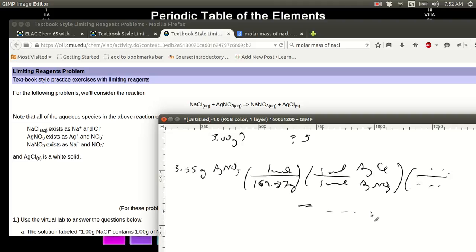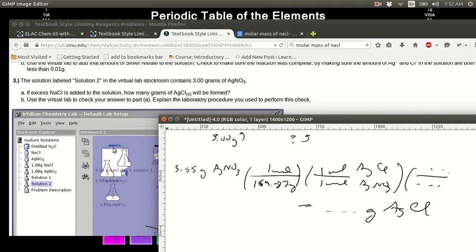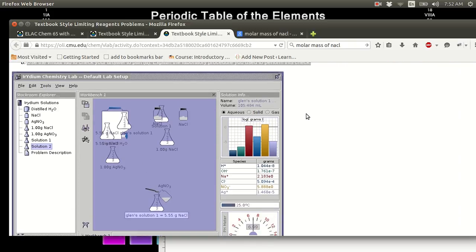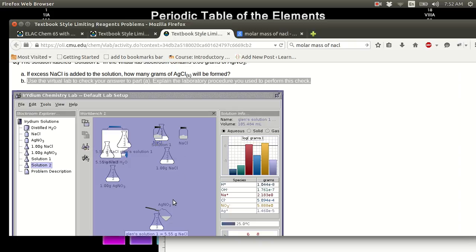And you're going to get the answer in AgCl. It's just going to be AgNO3 and AgCl instead of number 2, which was NaCl and AgNO3. Okay? And then in 3b, the virtual lab, you are going to check your work.